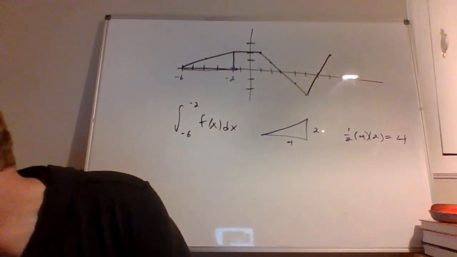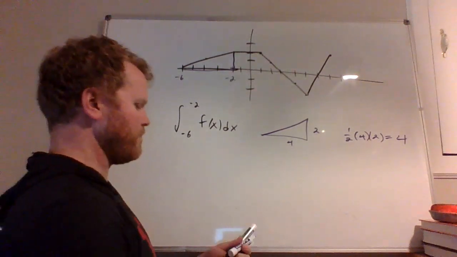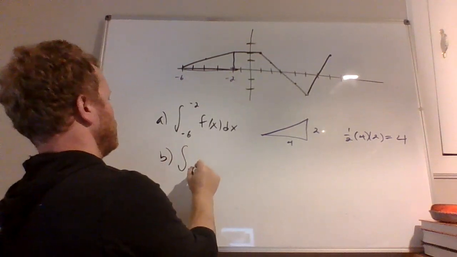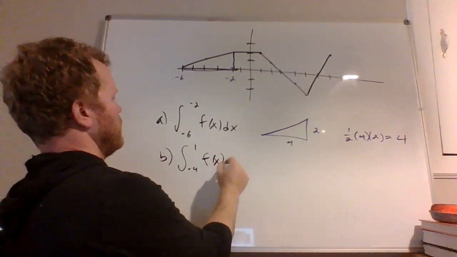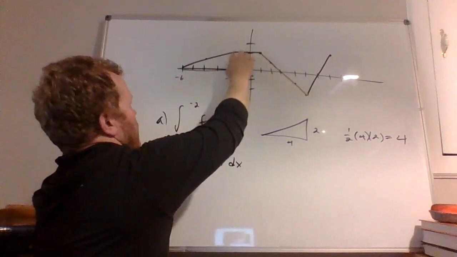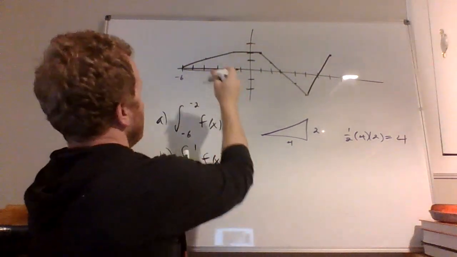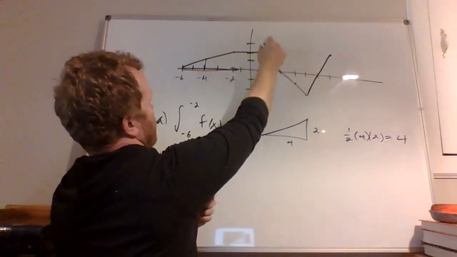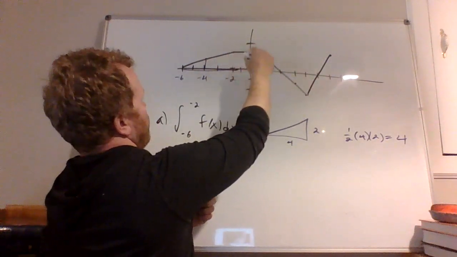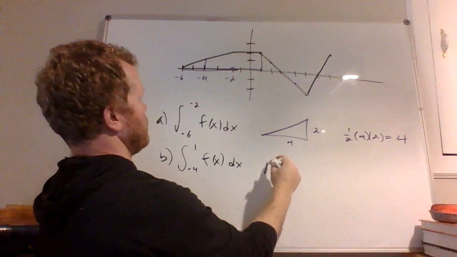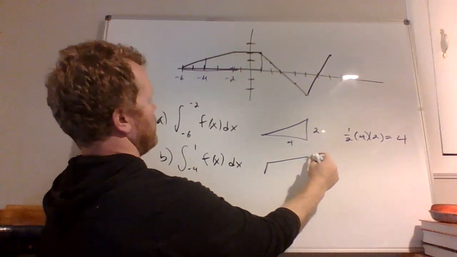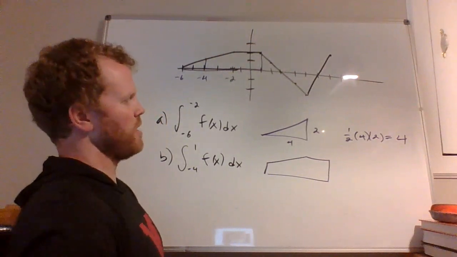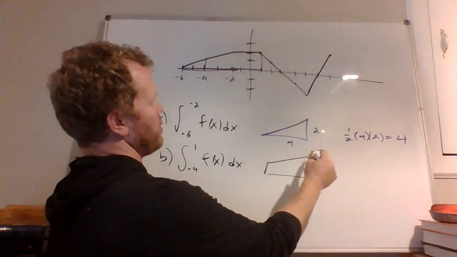But the next problem is going from -4 to 1. So for us, that's talking about here's -4, and then here's 1. So we basically have all of this, this weird shape here. What I would do is split it up into a bunch of smaller shapes.